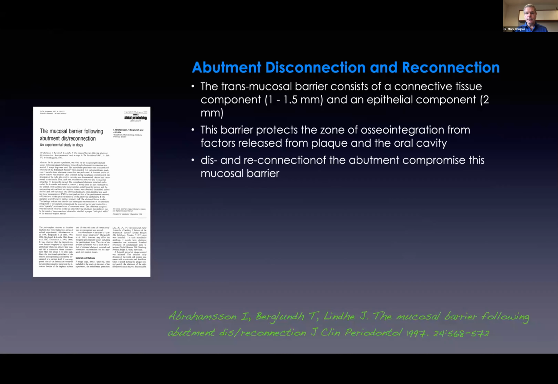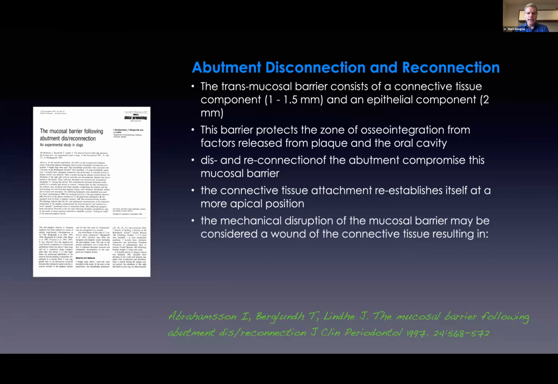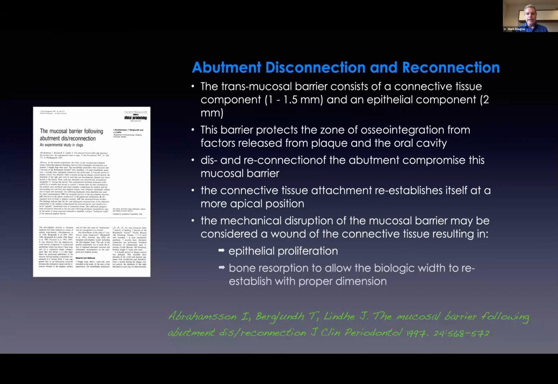Disconnection and reconnection of the abutment compromises the mucosal barrier, and the connective tissue attachment will then reestablish itself at a more apical position. The mechanical disruption of the mucosal barrier may be considered as a wound of the connective tissue, resulting in epithelial proliferation and bone resorption to allow the biologic width to reestablish at a proper dimension.